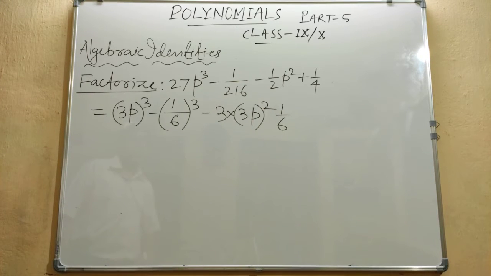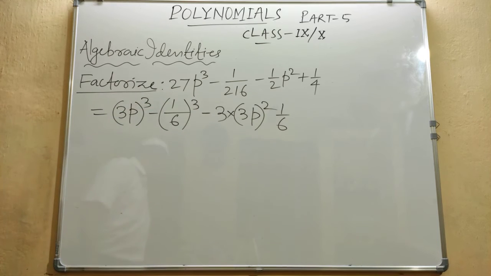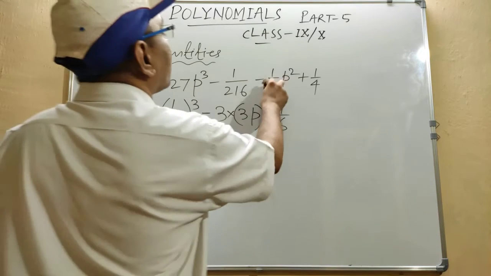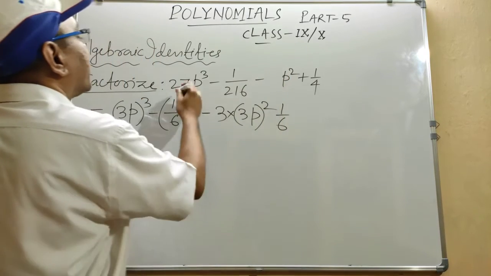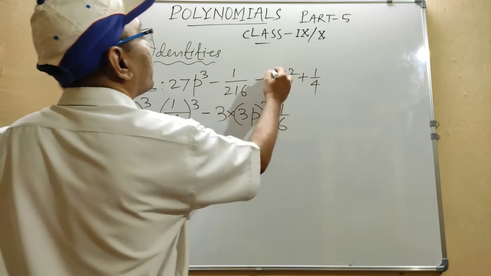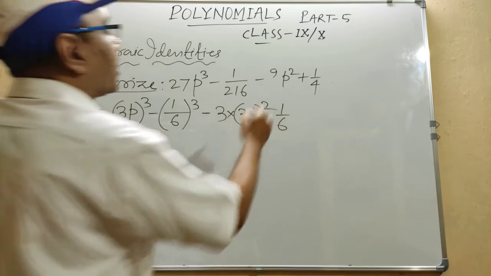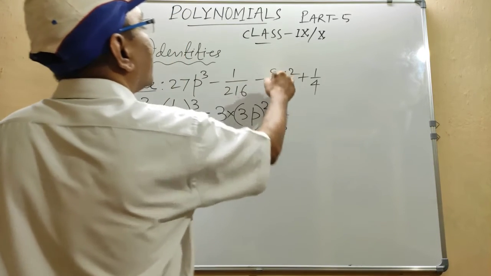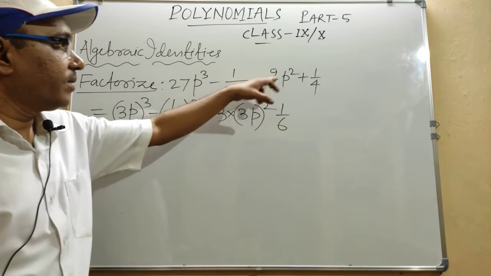So it is not like that. It is 9 by 2 p square. Okay, in the question you make some correction. It's 27 p cube minus 1 by 216 minus 9 by 2 p square. Correct it right here, 9 by 2 p square.